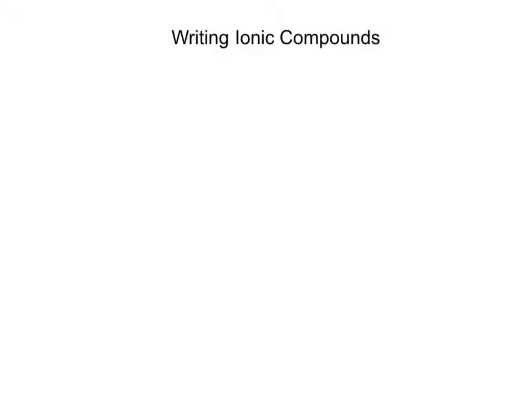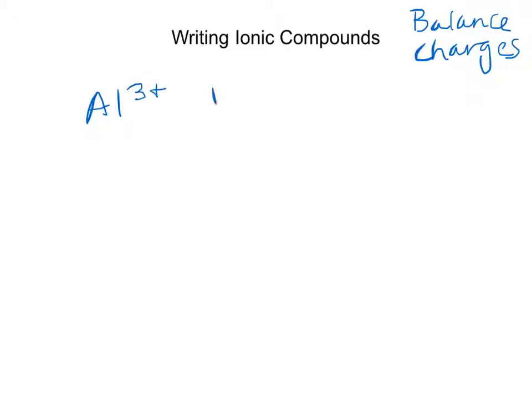Now, writing ionic compounds is actually much trickier than just naming them. What we have to do is balance the charges on these. Just a couple of examples: if I have aluminum, aluminum has a 3+ charge. Bromine has a 1- charge.